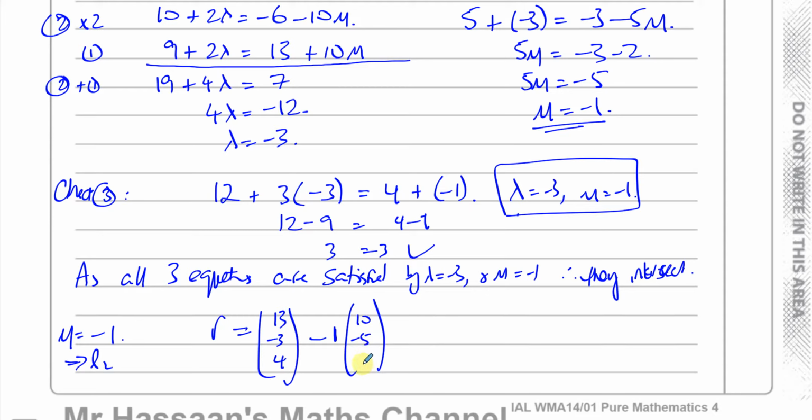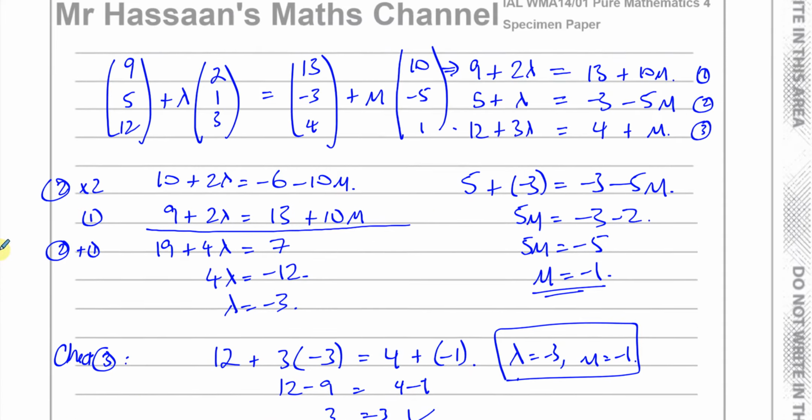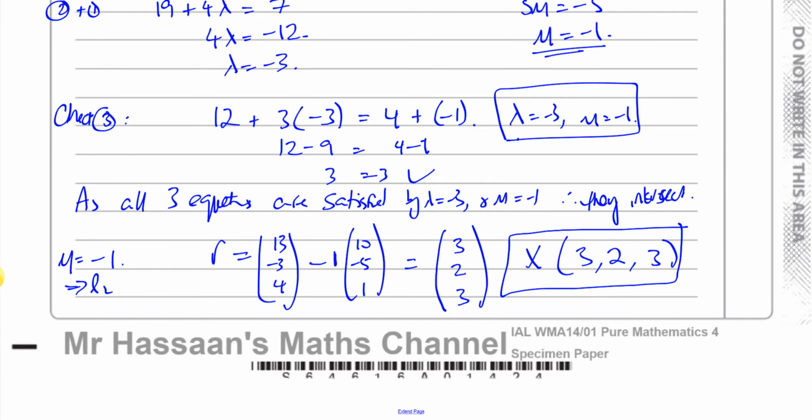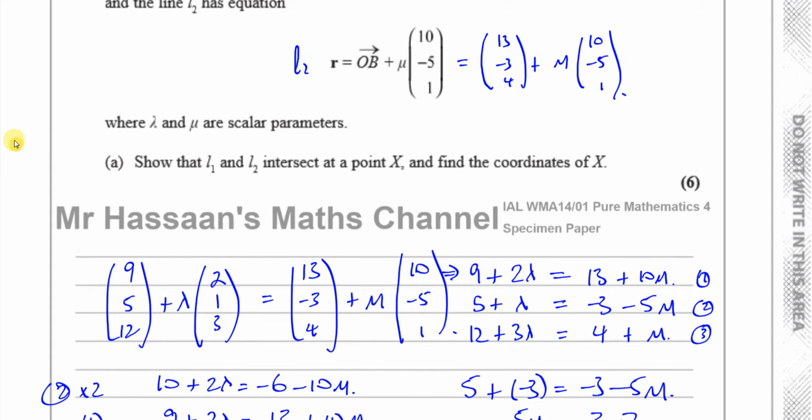So you're going to have here 13 minus 10, which is 3, minus 3 plus 5, which is 2, and 4 minus 1, which is 3. So you can say the coordinates of x are 3, 2, 3. They want it in coordinate form in the end because they say find the coordinates of the point x.